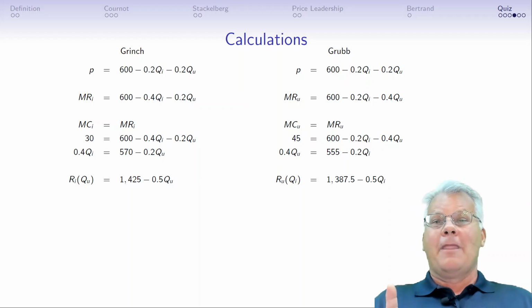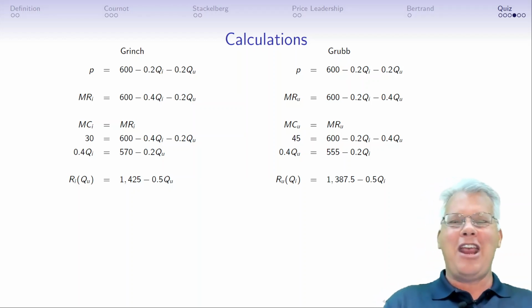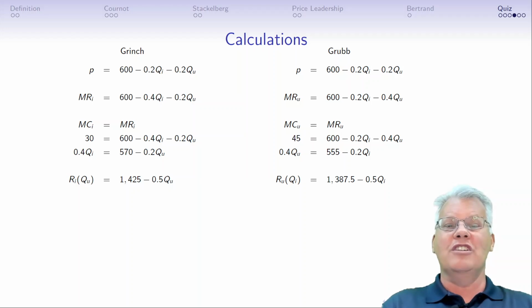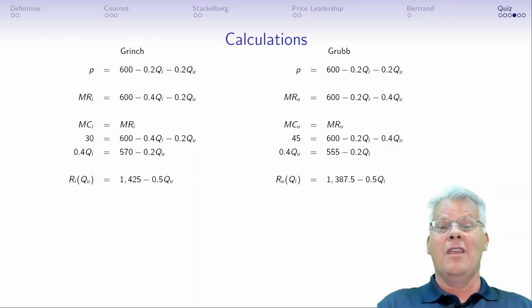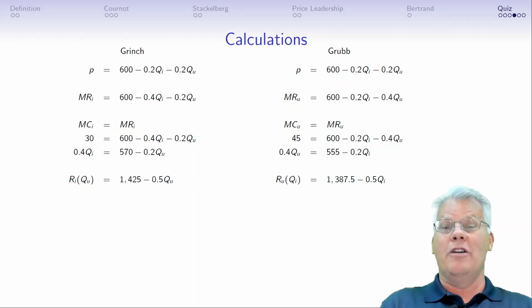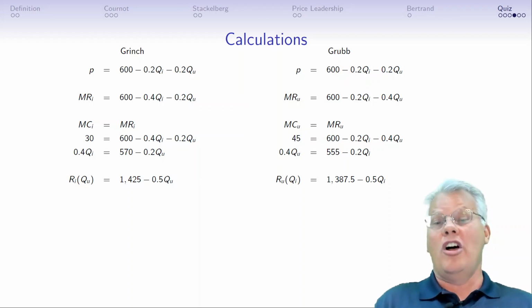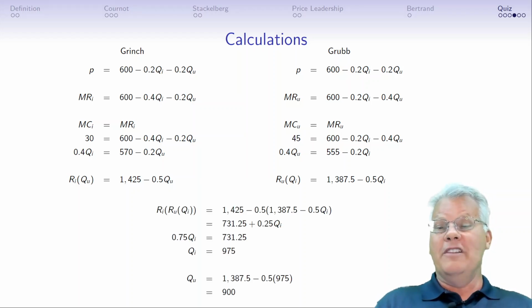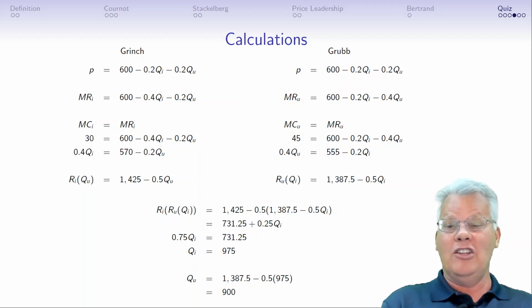Now, to state this very carefully, I want you to notice that Grinch's and Grubb's reaction functions are different. They're different because Grinch and Grubb have different cost structures. So to solve for equilibrium in this marketplace, we substitute one reaction function into the other.